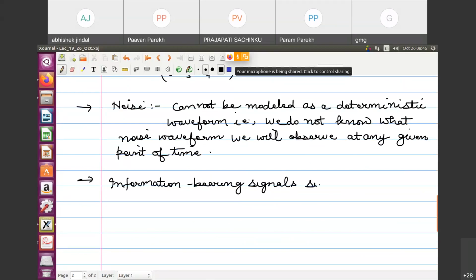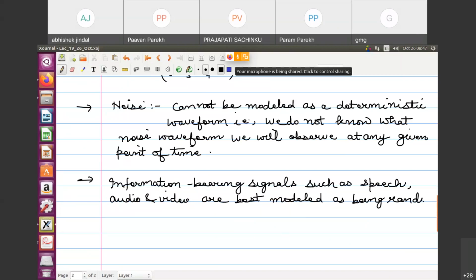Signals such as speech, audio and video are best modeled, and this is important to realize, as being randomly chosen from a vast ensemble of possibilities.